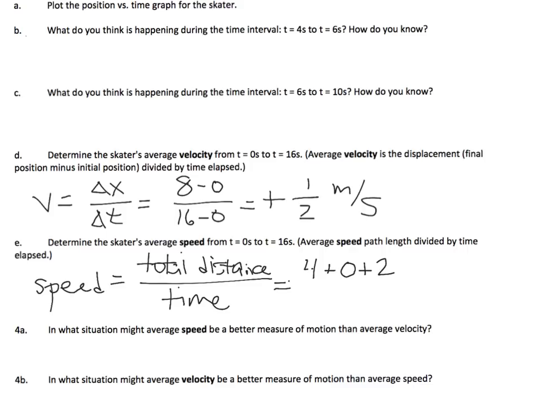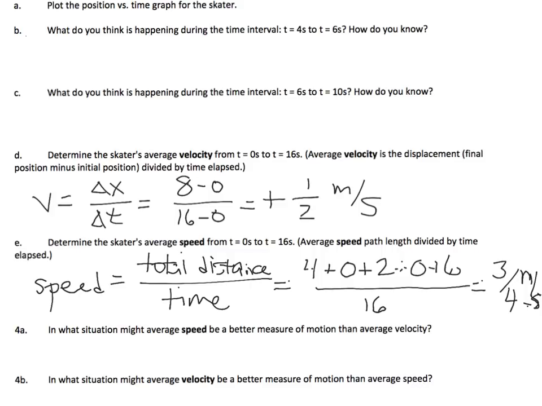It doesn't matter which direction, it is total distance. Then stayed still, then went 6 more meters. All of that still happened in the same amount of time. So that's a total of 12 over 16, or a little bit faster in terms of the speed. Yikes, sorry, 3/4 meters per second.